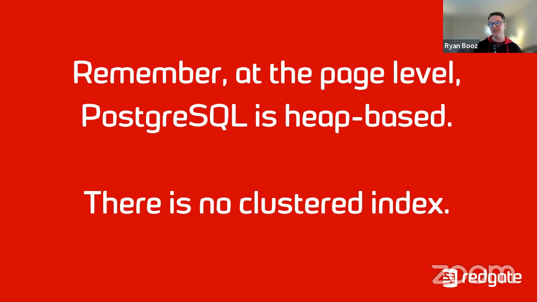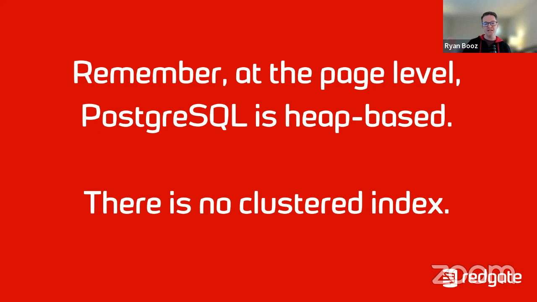There is a cluster command. That's a one-time action that will reorder the data in that table. But as soon as the next row is inserted or updated, that cluster's out the window, right? So just recognize that. We are always talking about pages that are simply added on to the end of the table. That's where the heap is. When I need another 8K page, the next set of data goes in that page.